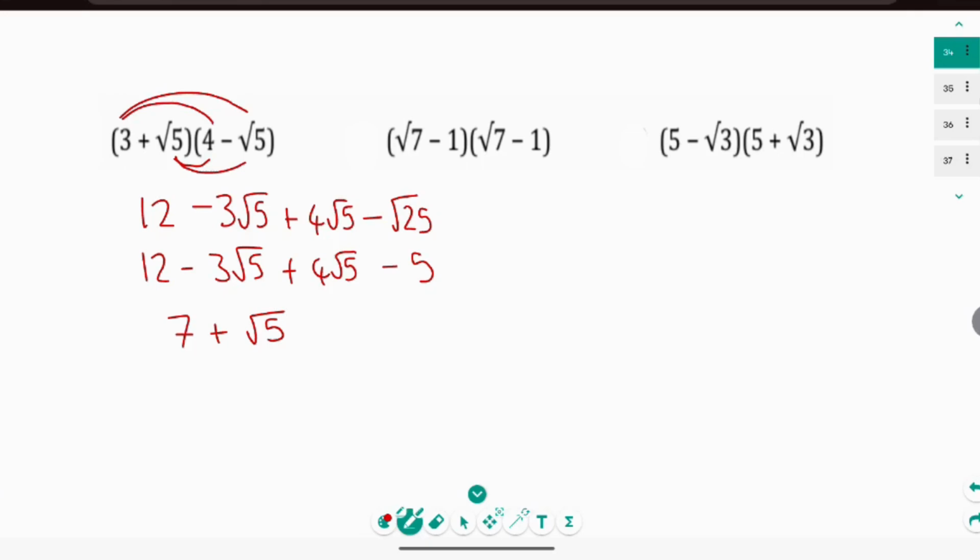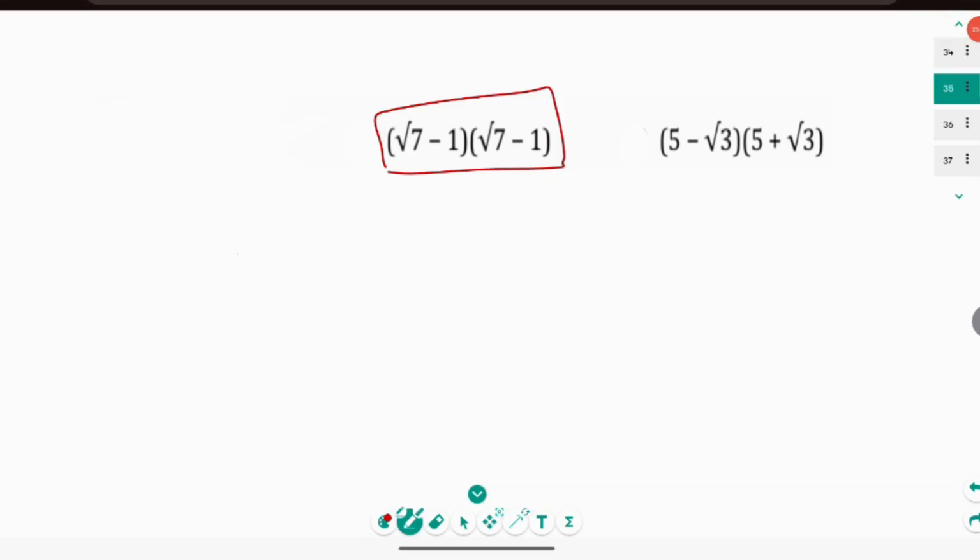Okay, next question. I'll do maybe these 3 together and then maybe you can look at some yourself. So let's have a look at this next one now. Here, let me just clear the board. Okay, so root 7 times root 7, root 49.